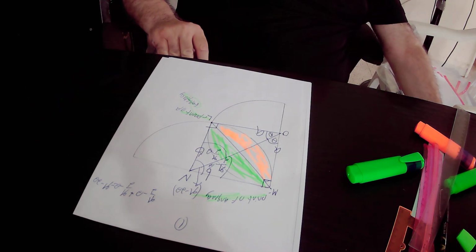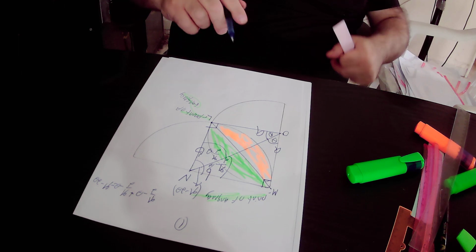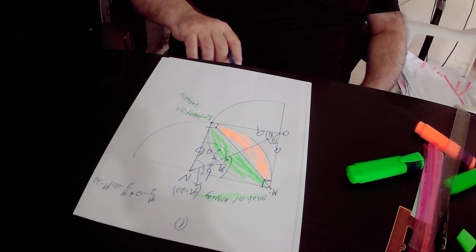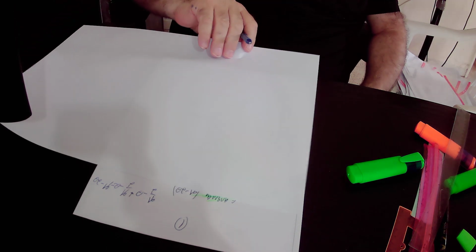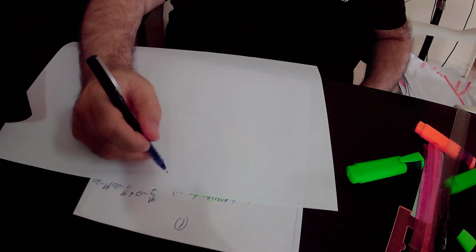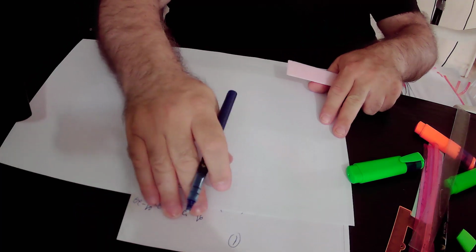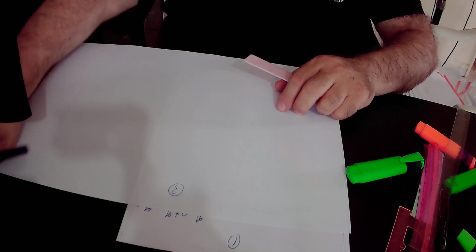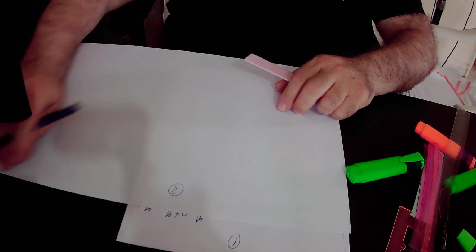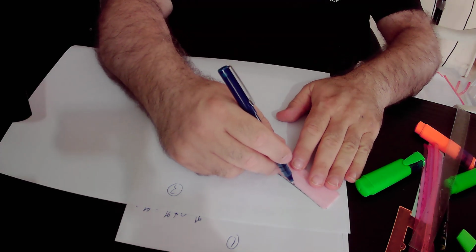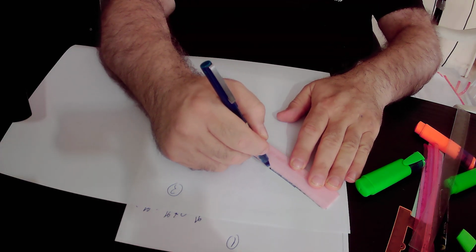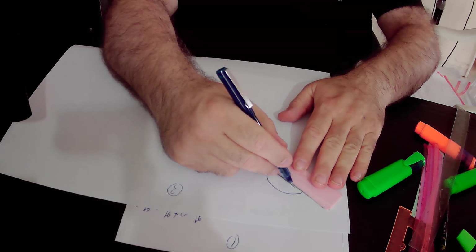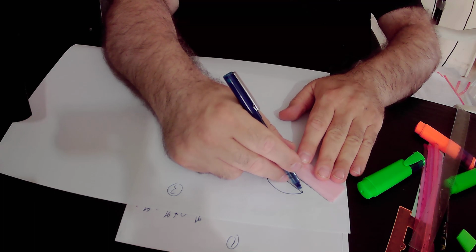Okay, so the area of this lens, that could be any lens, equals the sum of the areas of the two circular segments.